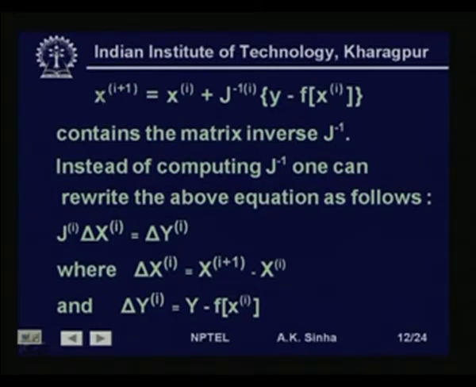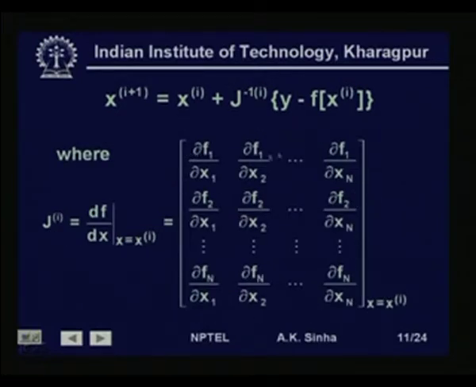Now, as we have seen here, the updated value, or the next iteration value x(i+1), is equal to x at the ith iteration plus J inverse at the ith iteration into y minus f(x i). Here we have a J inverse term, and as we have seen, J is an n by n matrix. In our case, if we have n buses in a system, then how many equations do we have?